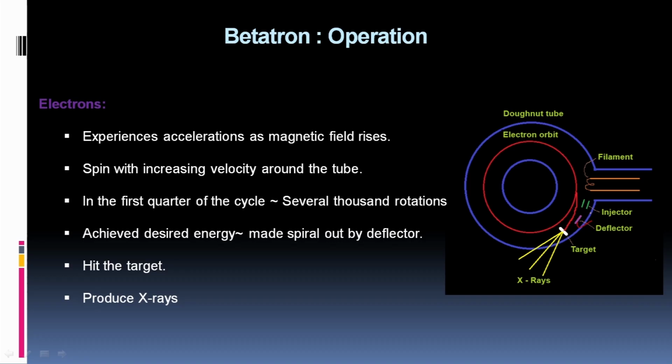If we want to use only the electron beam, there is no need of a target. But if we want to produce the X-ray beam, we need to hit this high energy electron stream onto the target. So this is the basic operation of the betatron.